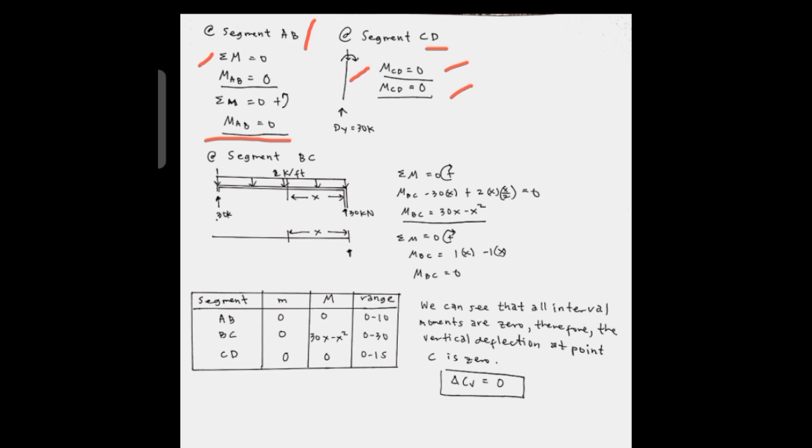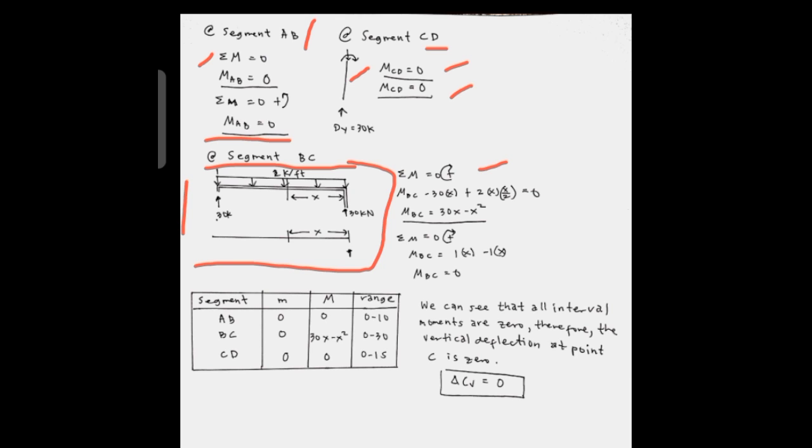So at segment BC, we can see our free body diagram here. So summation of internal moment in our real system is equal to 0, clockwise positive.